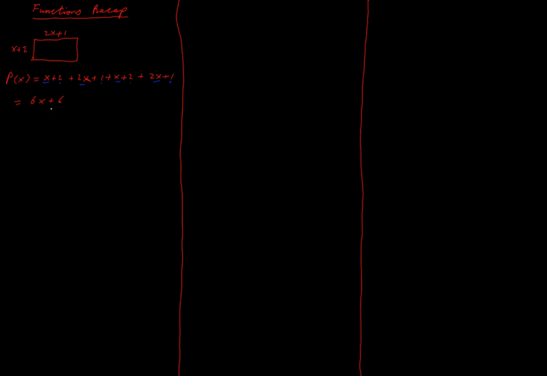And that is a function that gives me the perimeter of my rectangular sheet of paper for any value of x. So all I need to know is a value of x, and this function, p of x, will tell me what the perimeter of this sheet of paper is going to be, regardless of what size I make x.